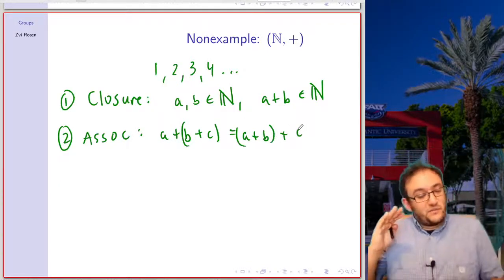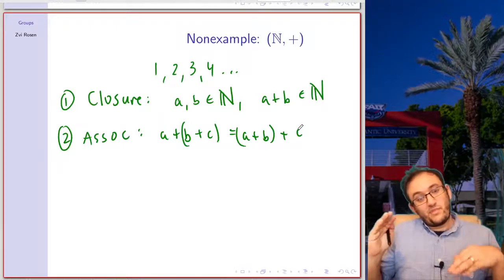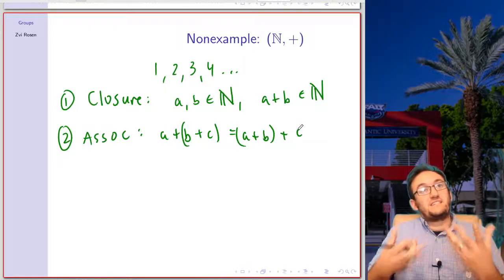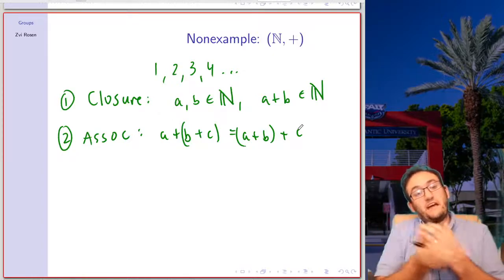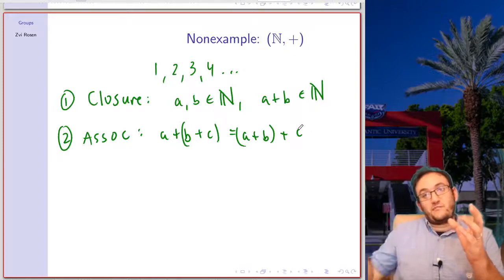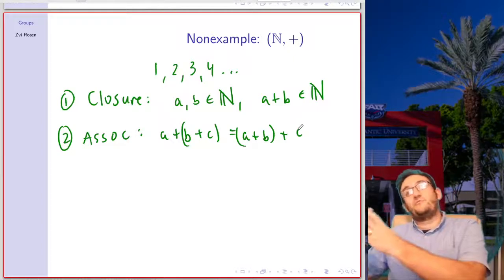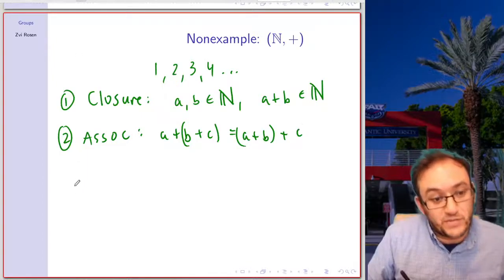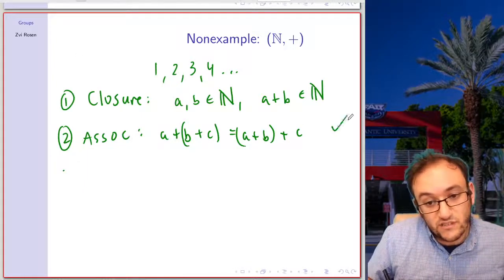You can think about how adding two natural numbers is like taking two groups of that size, putting them all together, and then counting again. So it doesn't matter if you put two groups together and then pull in another group, or you mix that group with that group first and put the other group with them, you would still end up with the same set of objects. So this is certainly fine.